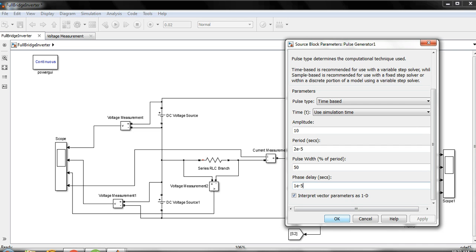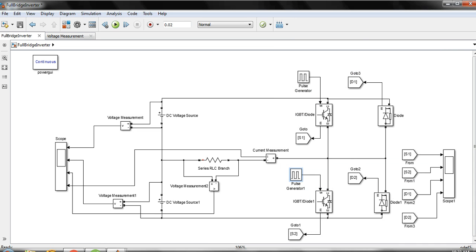There is one more problem in a single phase bridge inverter: if both switches are not operated simultaneously, then it might short circuit in practice. This first scope is to measure this, which I have given 10 volts. The second scope is for the lower one, that is again 10 volt, the third scope axis will be the output voltage, and the fourth scope axis will be the measurement of the output current.